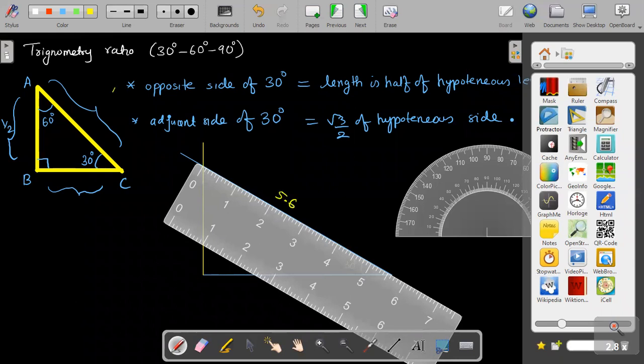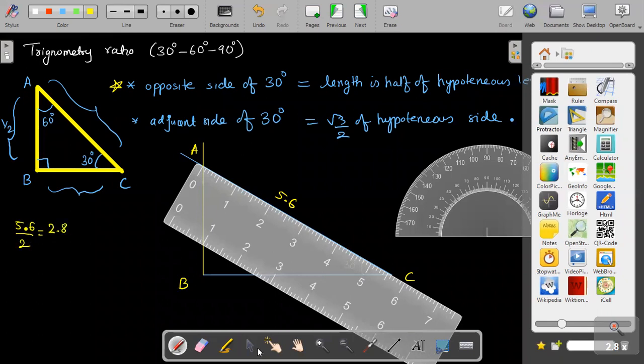तो इस theorem, इस rule के हिसाब से, if this is 5.6, how much this should be? This is my A, this is B, and this is C. So what should be AB length? Half of 5.6. 5.6 का half होता है 2.8.